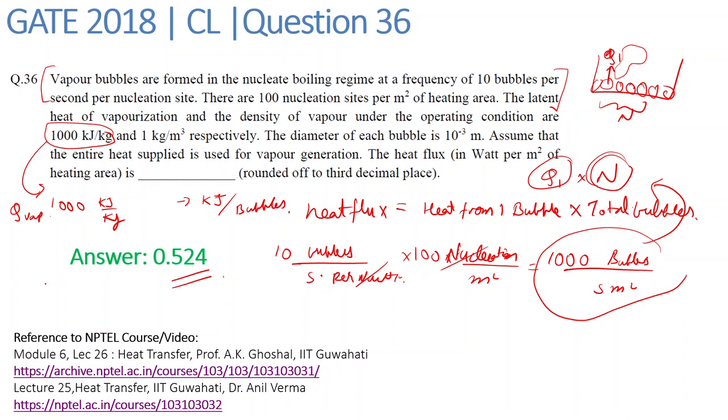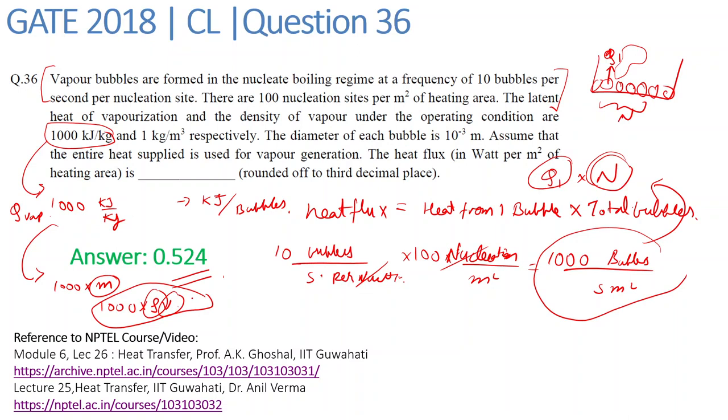So we can multiply this 1000 by the mass of each bubble, and this mass we calculate as rho times v, where the volume was pi by 6 d cube, and the density we have been provided.